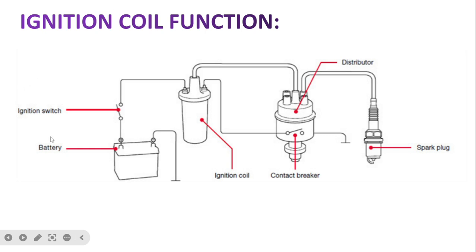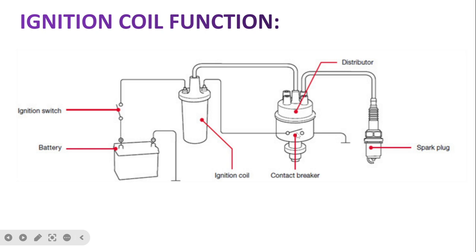Here is some basics, which they have tried to show in a shortcut way. Here is the battery positive, and the ignition switch is there. After the ignition switch is closed, the current is passed to the ignition coil. I just explained the deep concept of the ignition coil. Then this connection goes out to the contact breaker, and on the contact breaker there is a distributor.